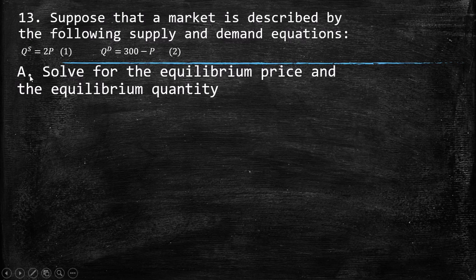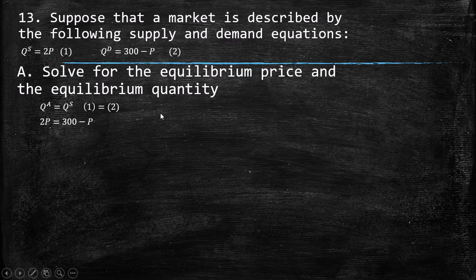The first question is: solve for the equilibrium price and the equilibrium quantity. What is the condition of equilibrium? The condition of equilibrium is that the quantity demanded, this is not an A, this is a D, is exactly equal to the quantity supplied.